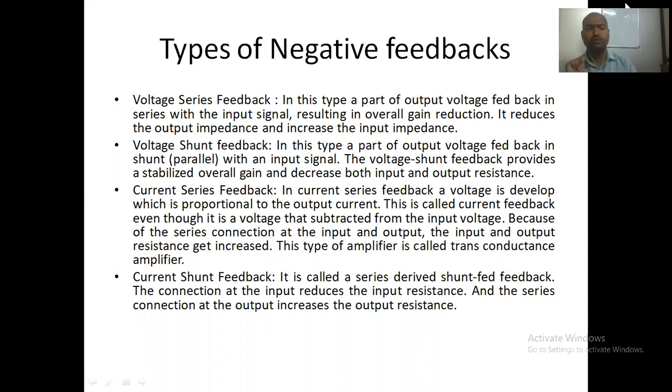But when we use voltage series feedback, the effect is that the output impedance is reduced. And due to voltage series feedback, there is an increase in the input impedance, right? So it is used where the amplifier is needed for a purpose where more impedance is required with respect to the device.